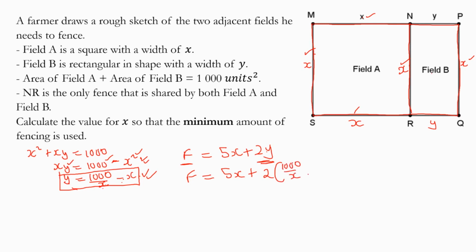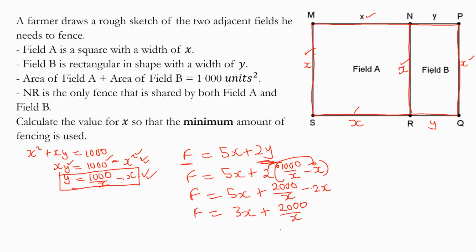Let's distribute the 2. So f is equal to 5x plus 2000 over x minus 2x. Then f is equal to 5x minus 2x, that is 3x, plus 2000 over x.